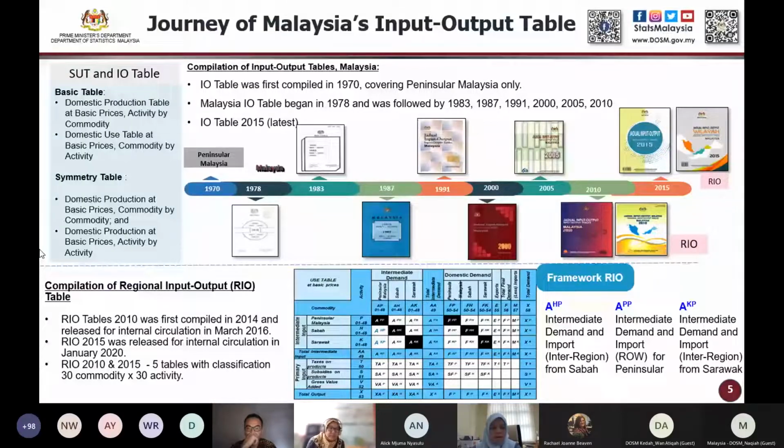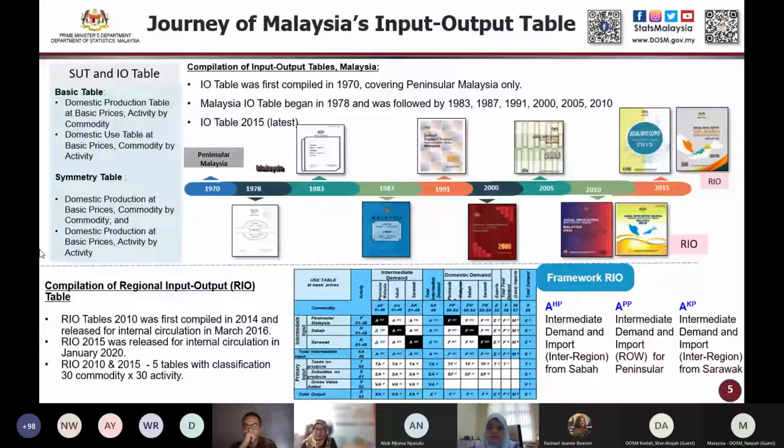Okay, for the RIO table for Malaysia, RIO 2010 was first compiled in 2014 and released for internal circulation in March 2016. Then RIO 2015 was released for internal circulation in January 2020. For RIO 2010 and 2015, we have 5 tables with classifications of 30 commodities by 30 activities.